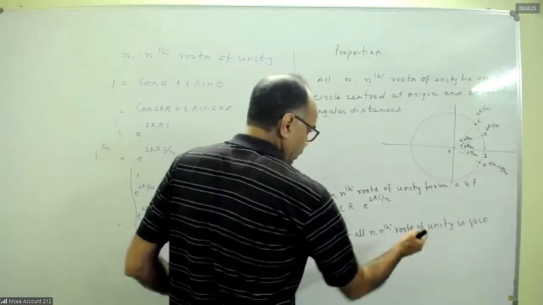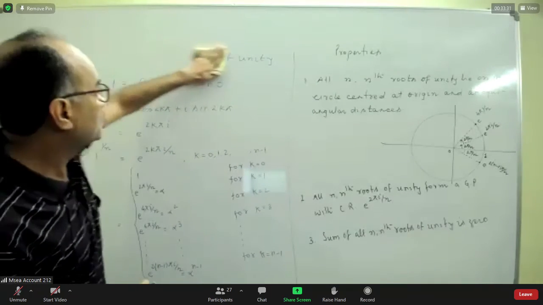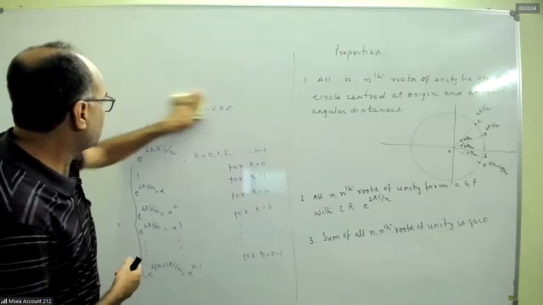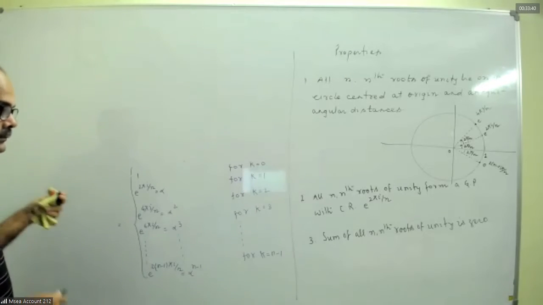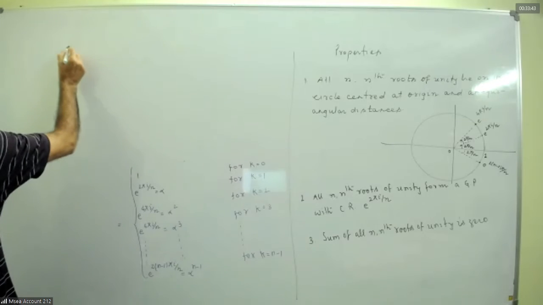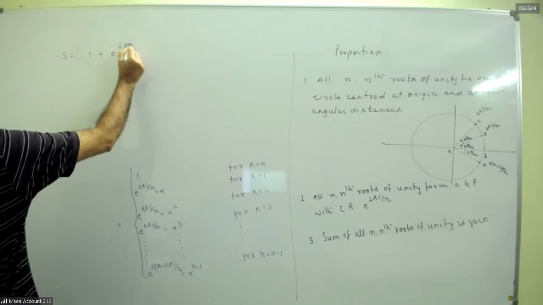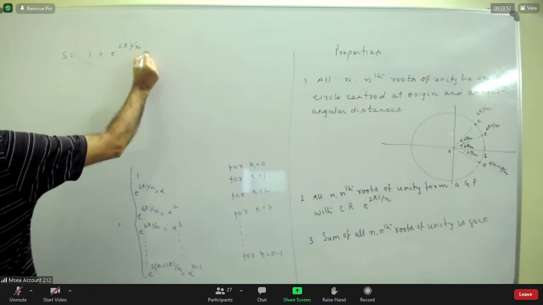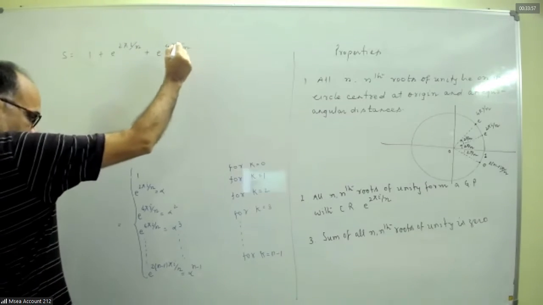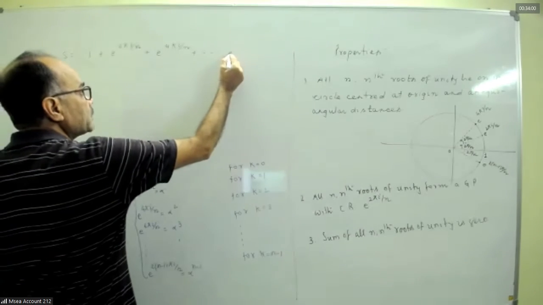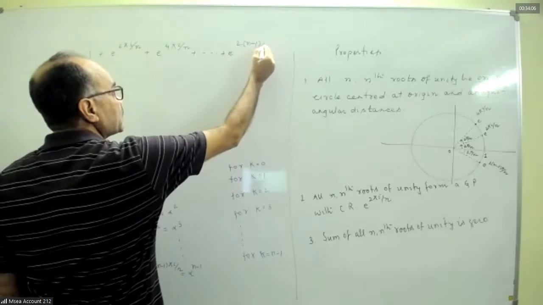Now we'll do that the sum of all n roots of unity is 0. First we'll do it by the complex method. It's a GP. S is 1 plus e to the power 2 pi i by n plus e to the power 4 pi i by n plus, up to e to the power 2(n minus 1) pi i by n.